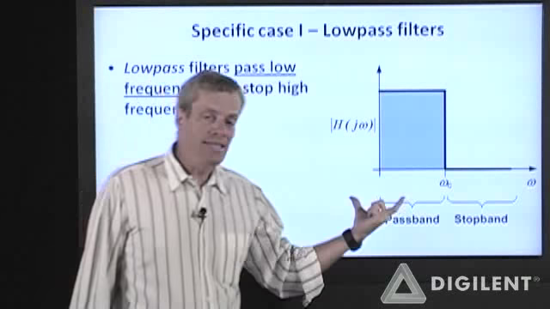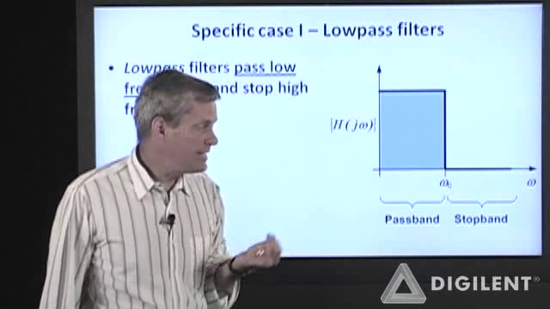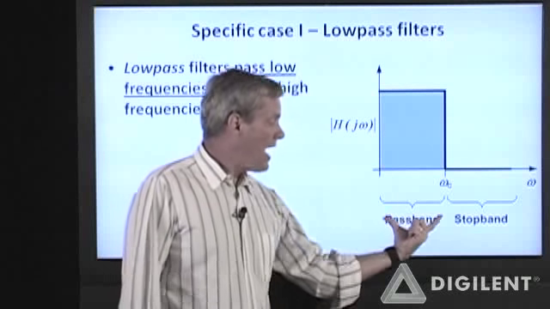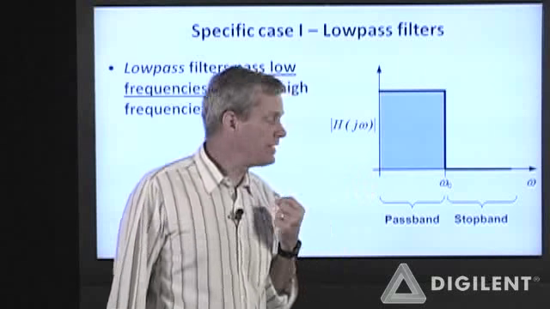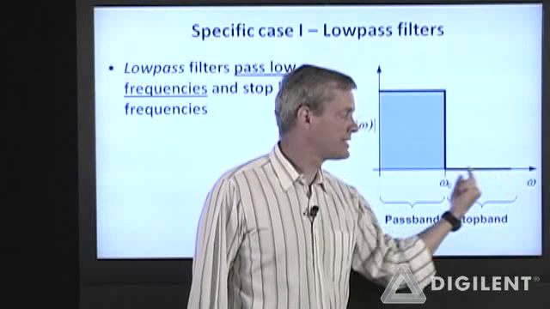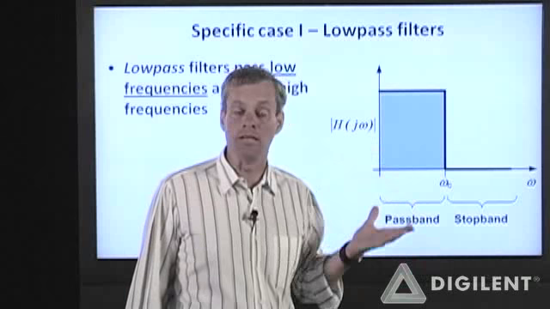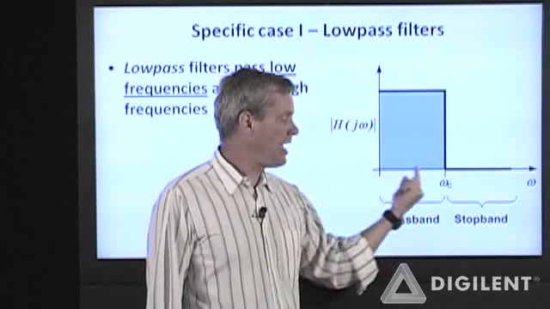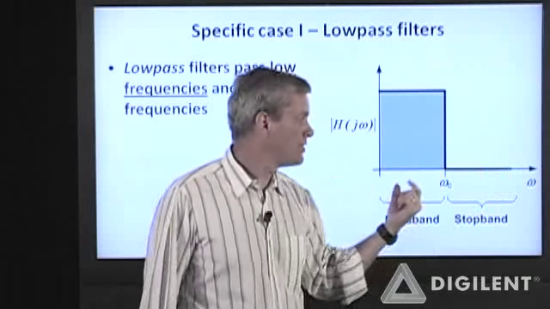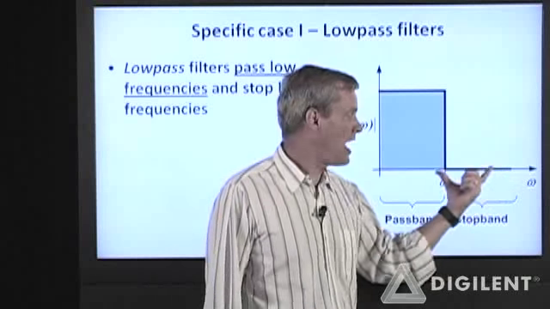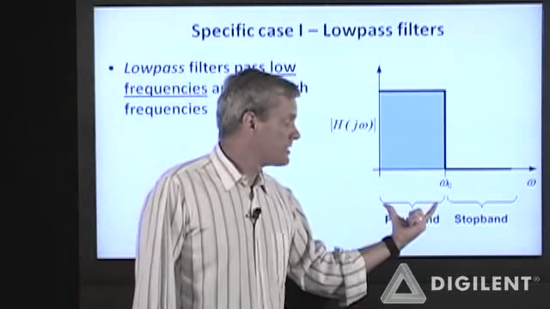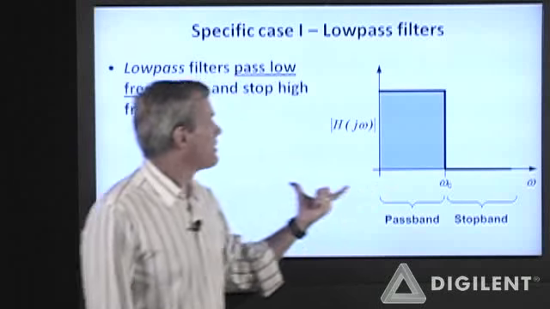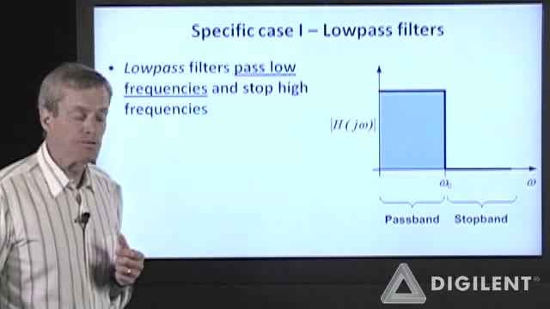So an ideal, emphasis on ideal, low-pass filter has some pass band where it passes through any inputs and some stop band where it stops any inputs completely. So whatever frequency I apply in the pass band goes straight through. If I apply an input in the stop band frequency, I get nothing out. Since the pass band is at the low frequency end, this is a low-pass filter.